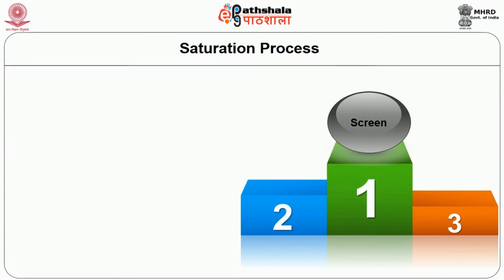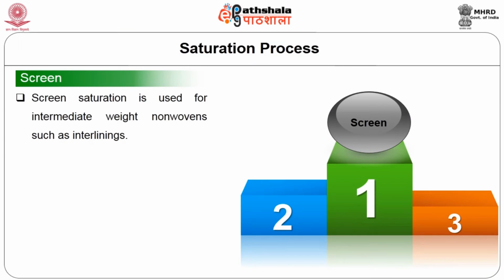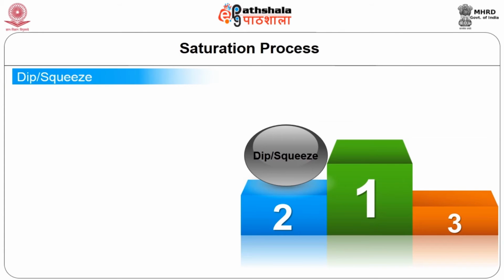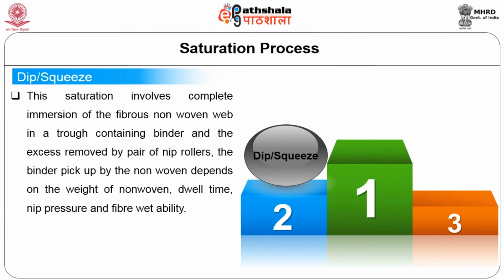Screen saturation is used for intermediate weight non-wovens such as interlinings. Dip squeeze saturation involves complete immersion of the fibrous non-woven web in a trough containing binder and the excess removal by the pair of nip rollers.